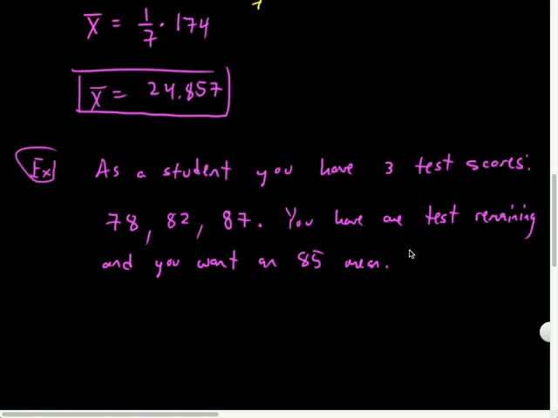What do you have to score on your remaining test? What score do you need? So a common question that students might have: if you're shooting for some desired end outcome, this is what we're looking for.